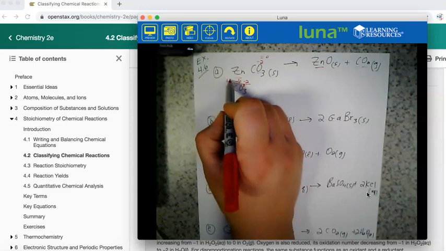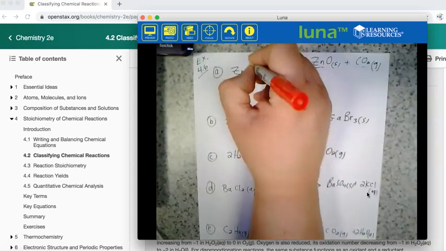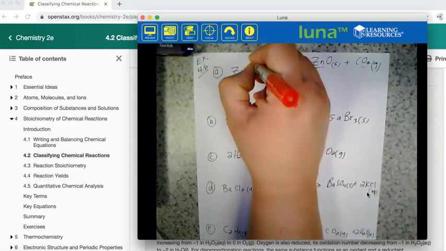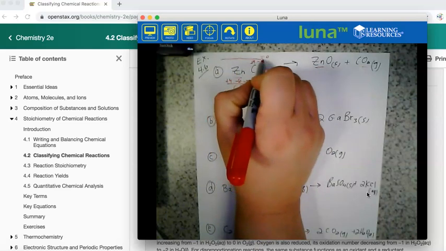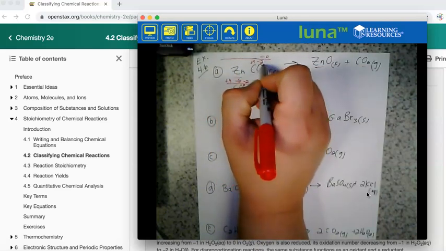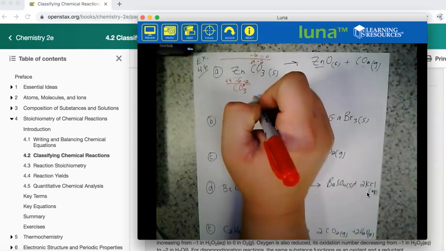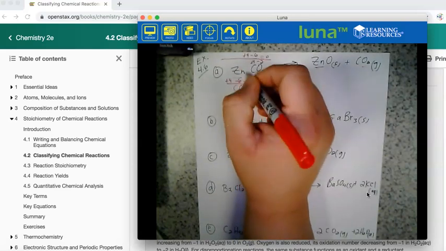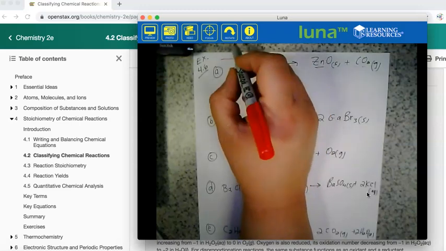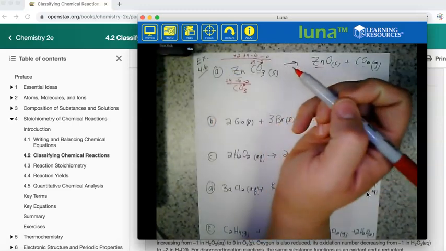So carbon has to be +4 in this case. Okay, so +4. So overall, we have oxygen being 3 times -2, which is -6. 1 times +4, which is +4. So that means zinc must be +2.